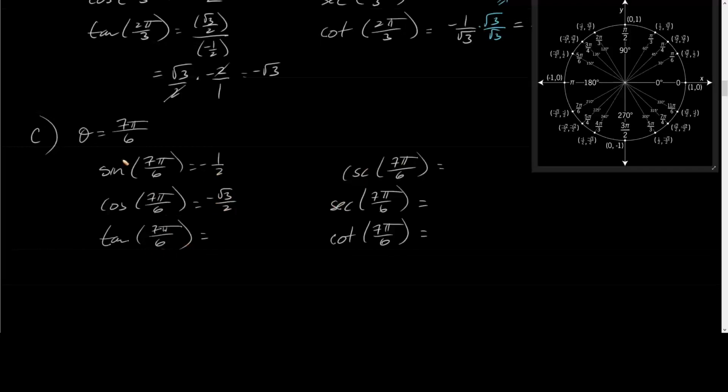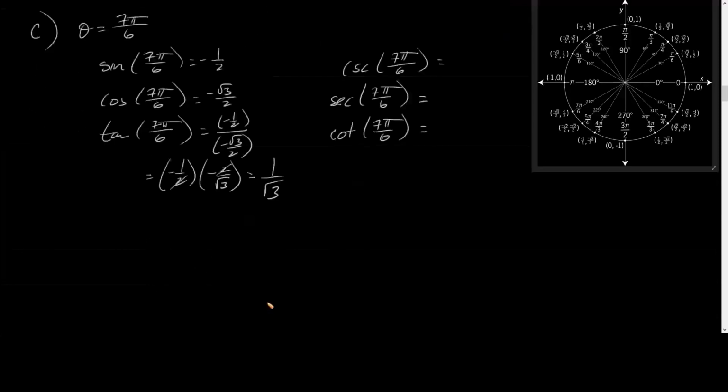For tangent, we know it's sine over cosine. So I've got negative 1/2 over negative radical 3 over 2, which is really a fraction being divided by another fraction. We know that that's just multiplying by the reciprocal. So we have a negative times a negative is a positive. 2 and 2's reduce. So I have 1 over radical 3.